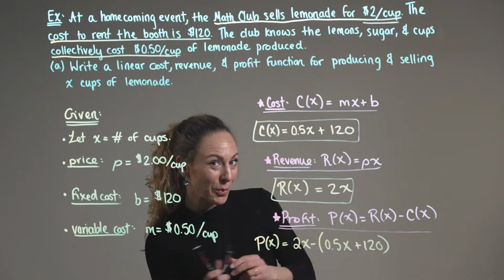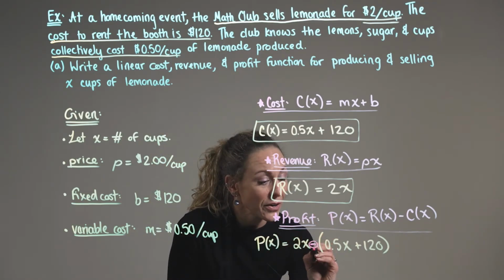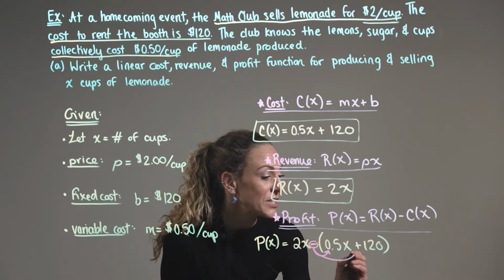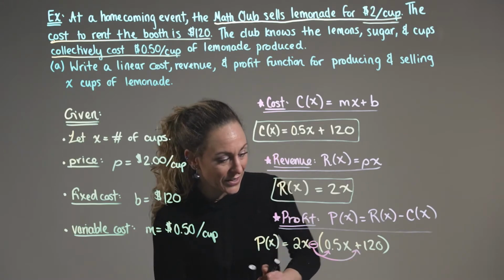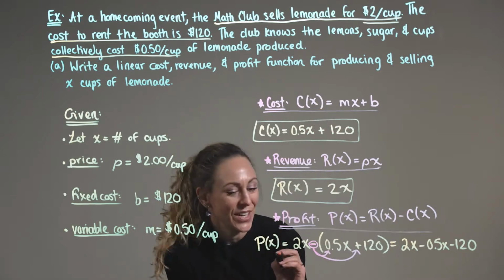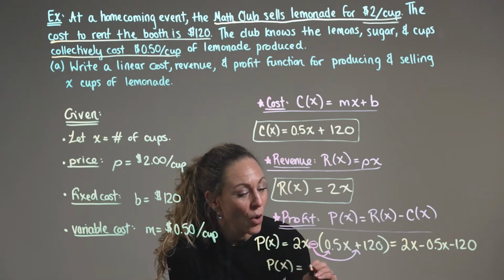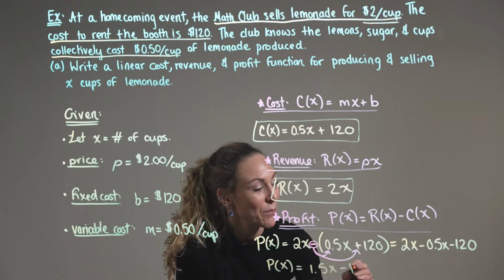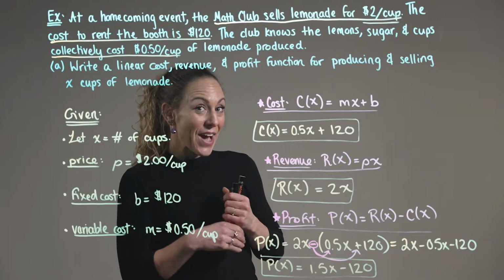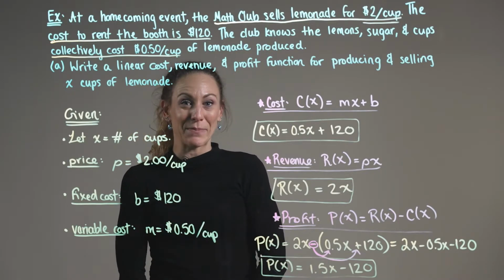Again, we use our parentheses for safety here to remind us that this negative not only goes to the variable cost, but must also be distributed to the fixed cost. So this leaves us with a final answer for profit P of x being equal to 1.5x minus 120. So now that we have our cost, revenue, and profit functions, let's go ahead and look at part B.